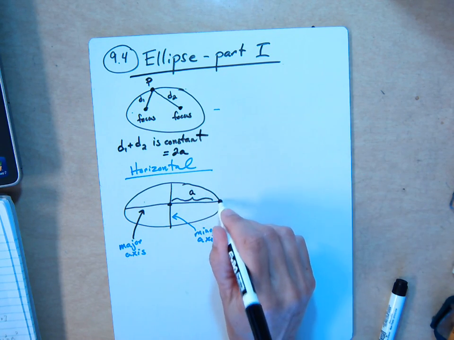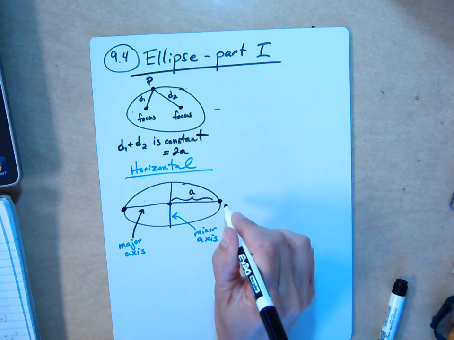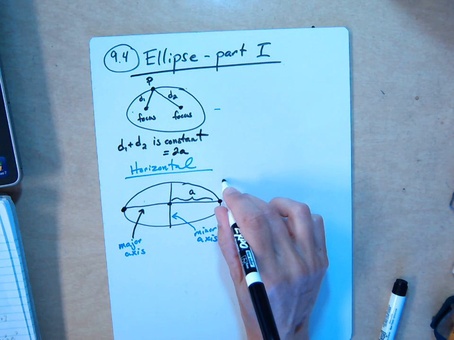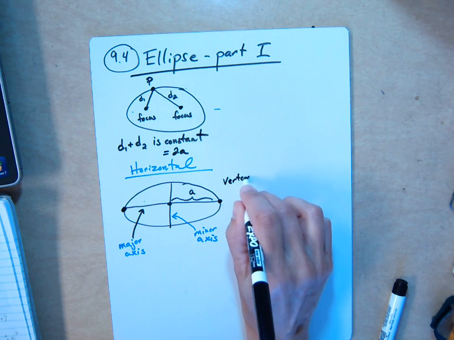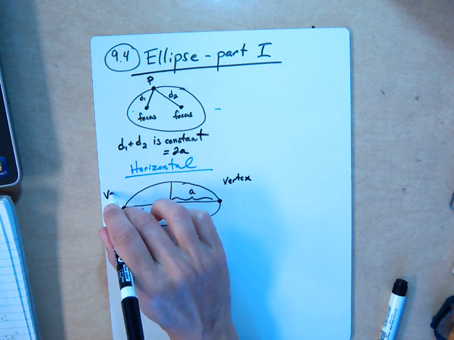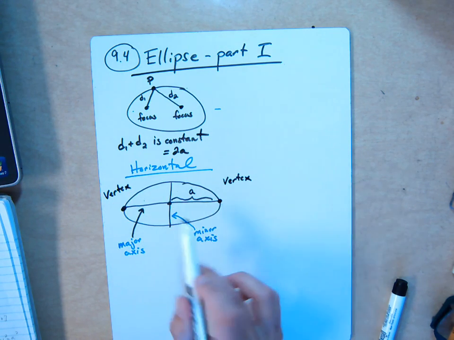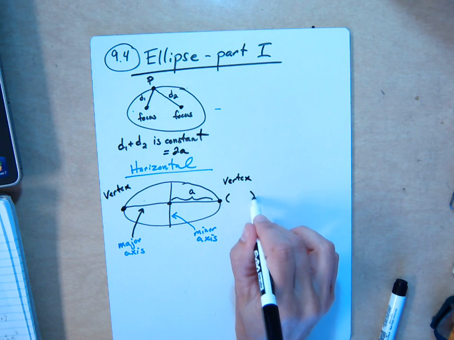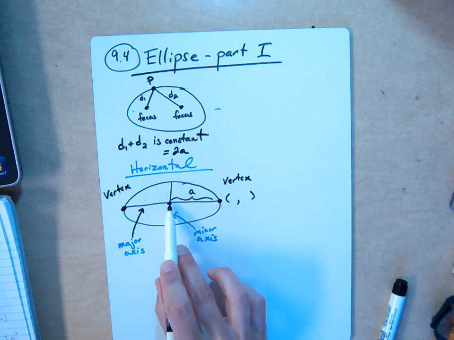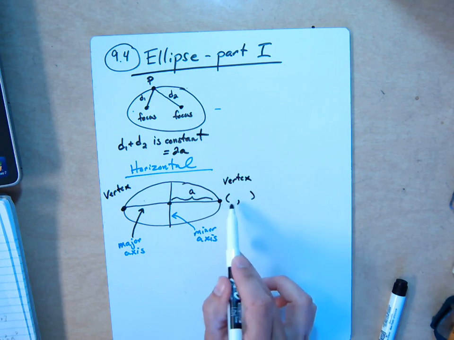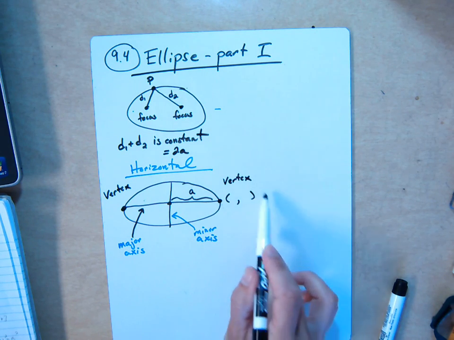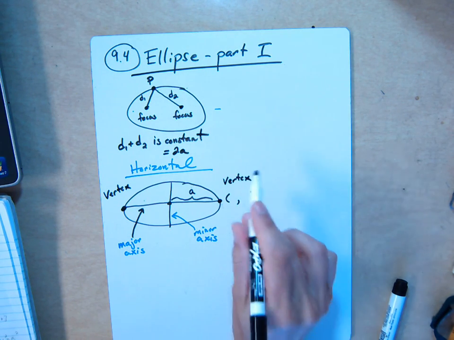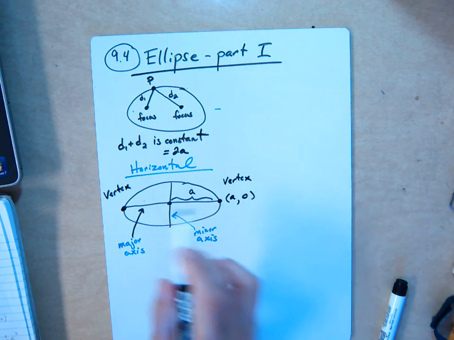The coordinates here and here are called the vertices. Since everything's centered at 0, 0, what would the coordinates be here? If this is 0, 0, and the distance is a, what are the coordinates? Very good. a, comma, 0.